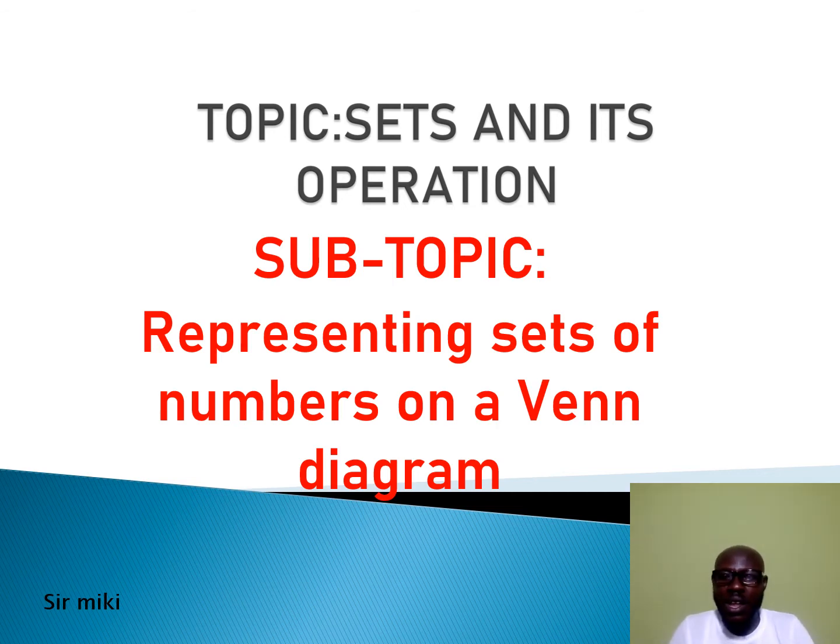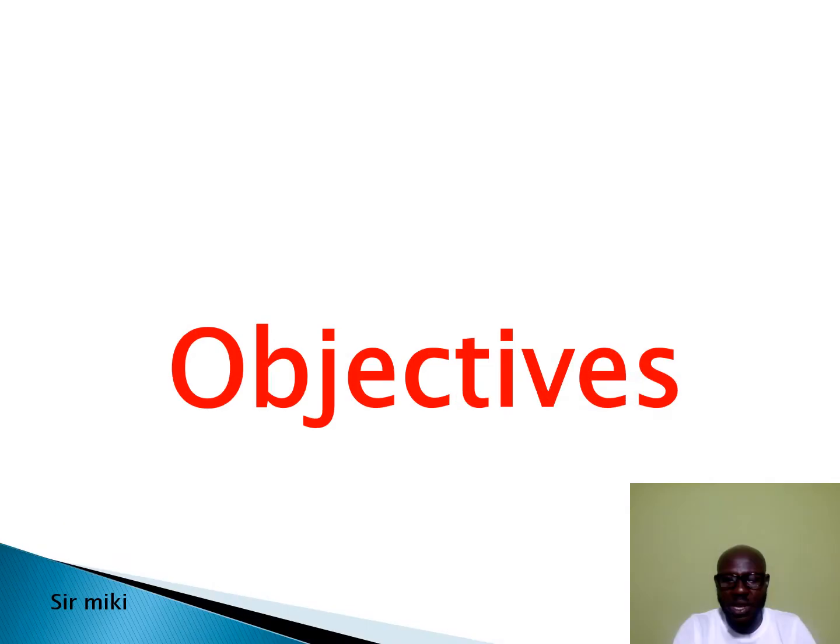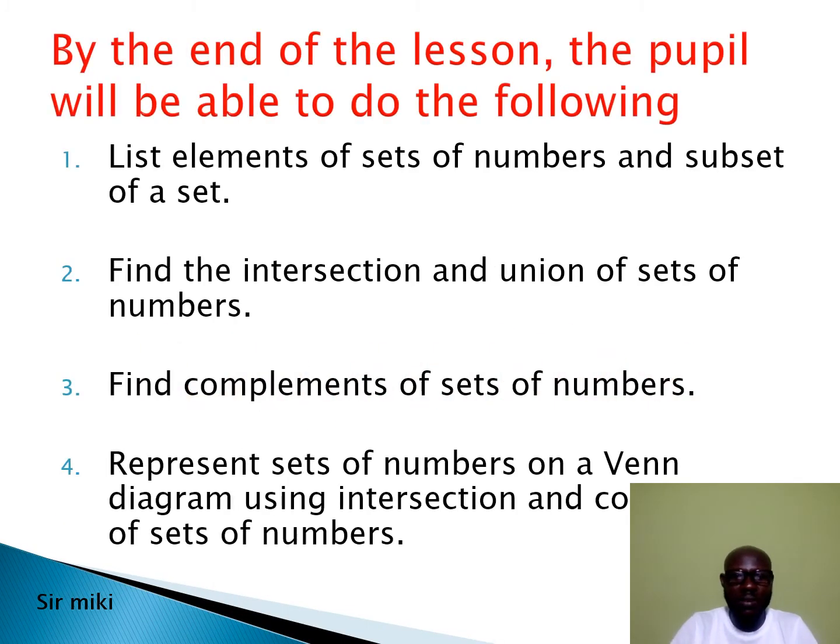Alright. Now, let's go through the objectives. Objective 1. At the end of the lesson, a student should be able to list elements of set of numbers and their subsets. Objective 2.